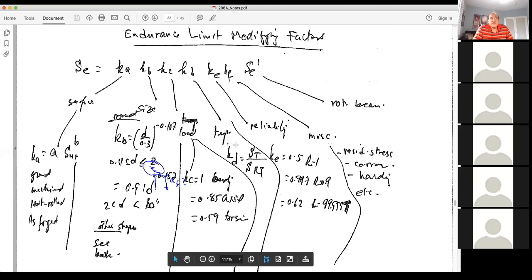And then the temperature factor is the ratio of the strength at a given temperature divided by the strength at room temperature. That's again a fraction. The reliability factor is usually 0.5 for 100% reliability, meaning that it's like having a higher factor of safety, basically, if you have a 0.5.